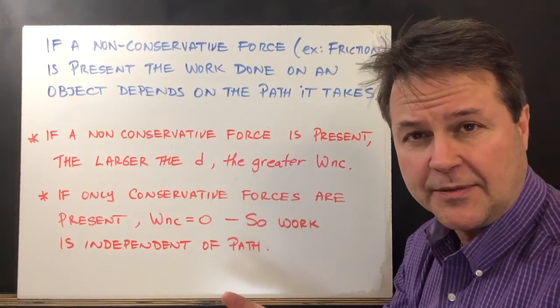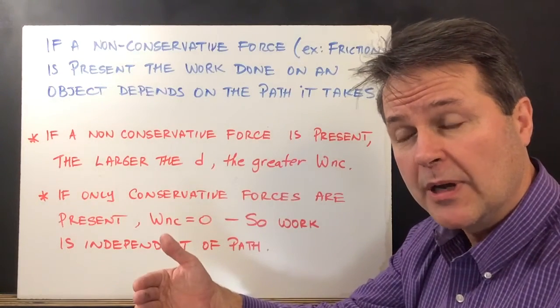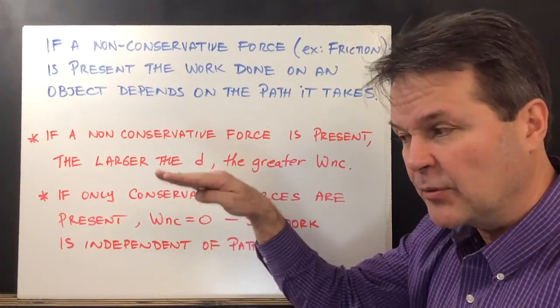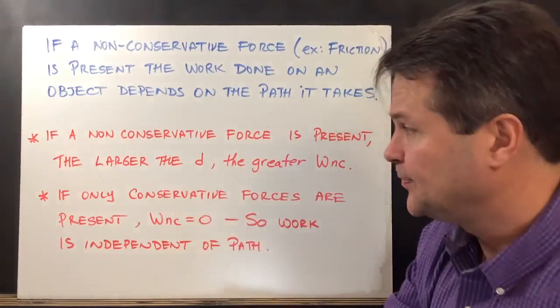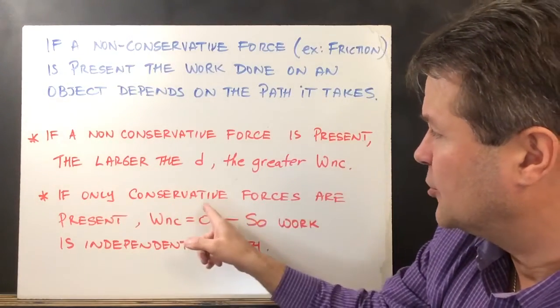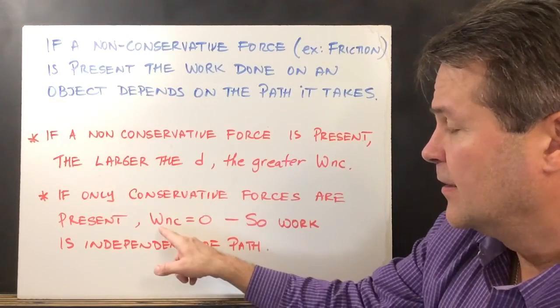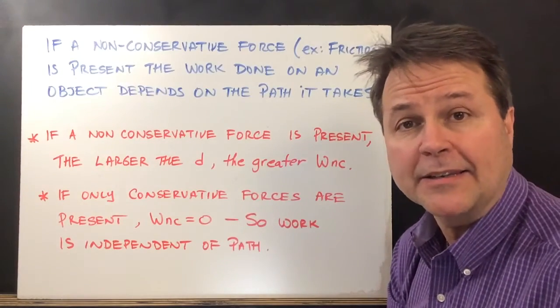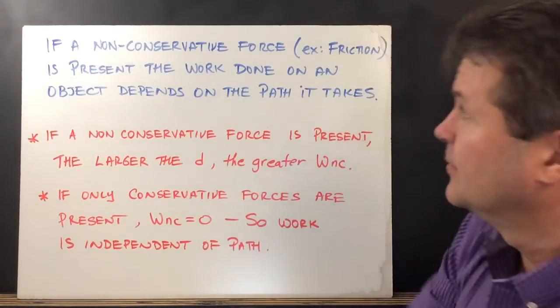And the consequence of that is the longer the slope with friction, the slower the object will be after it reaches the base of that hill. So finally, if only conservative forces are present, the non-conservative work is equal to 0, so work is independent of the path.